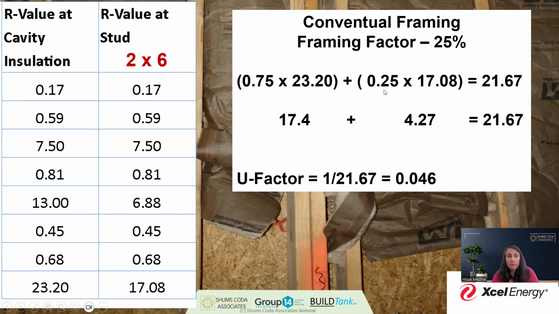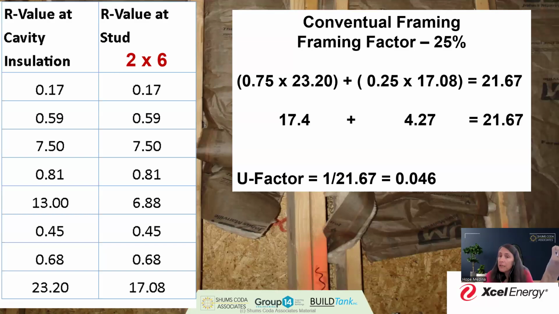Then we're going to jump on over to where the R value at the stud is. We know that the framing factor is 25%. So we're going to multiply 0.25 by the 17.08, and that equates to 4.27. Now, if we add 17.4 and 4.27, we end up with 21.67. Now, this 21.67 for our wall assembly is the R value for it.